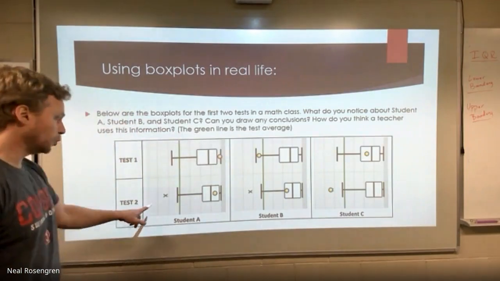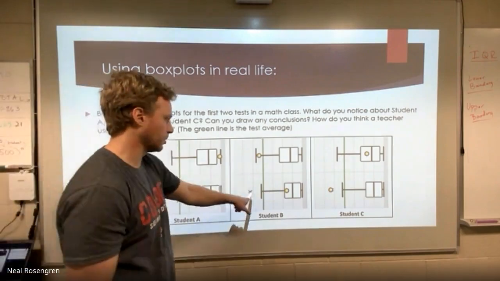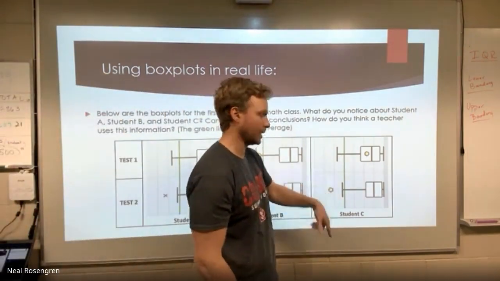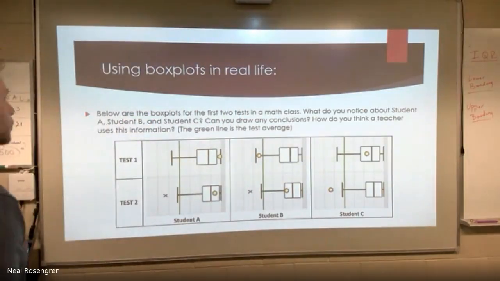Test number 2 actually does have an outlier down here at the bottom. So you can see they just use a little X. I don't care what you call it, little X, and this dot is actually right on top of that X. So you can try to figure out what's going on.